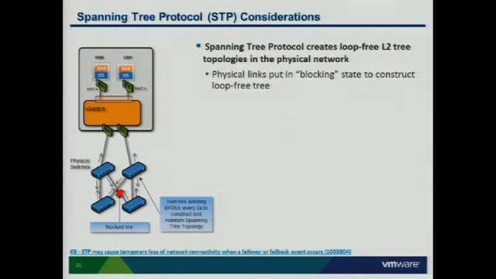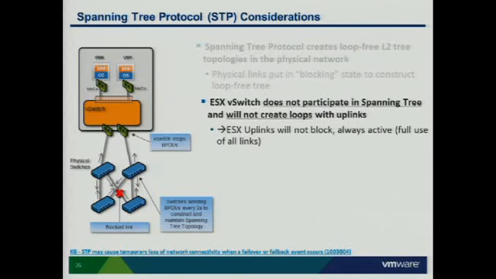And here we can see we have a blocked link. For ESX, the vSwitch doesn't participate in spanning tree, so it won't create loops with the uplinks. Our uplinks are expected to always be active. We're not going to block them. And just from earlier, we were taking a look at some of the settings that we wanted to ensure that we had. It was a spanning tree port fast trunk.